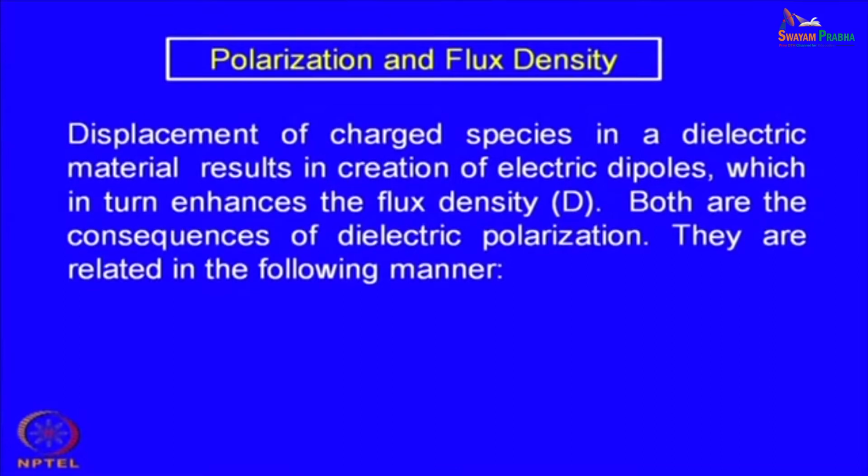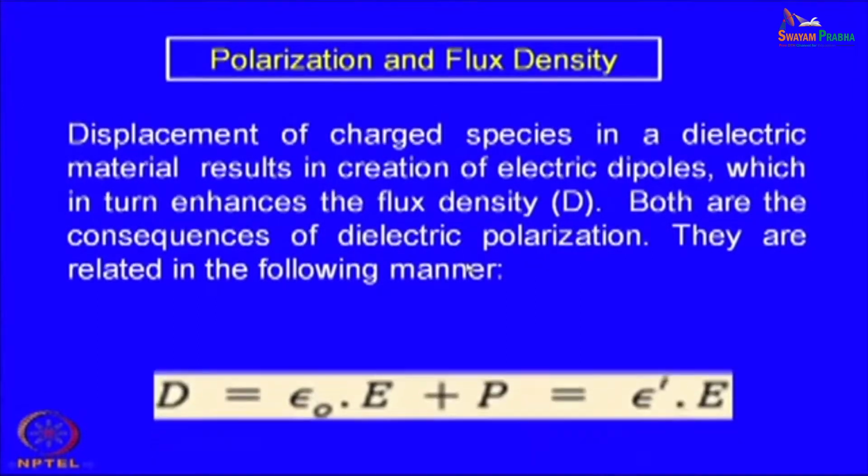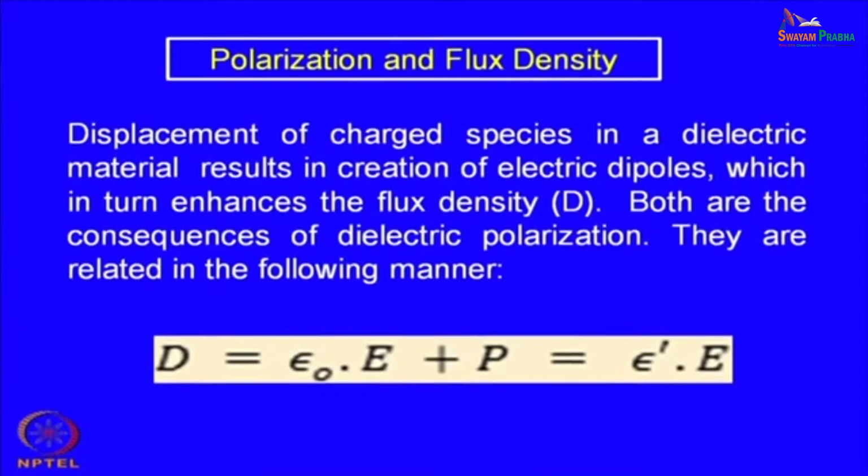So, they are related in the following manner. We have two terms, one is the polarization term and the other is the dielectric displacement or flux density. How are they related? D, the displacement or the flux density, is equal to epsilon naught, again the permittivity of free space, multiplied by the electric field, plus the polarization.